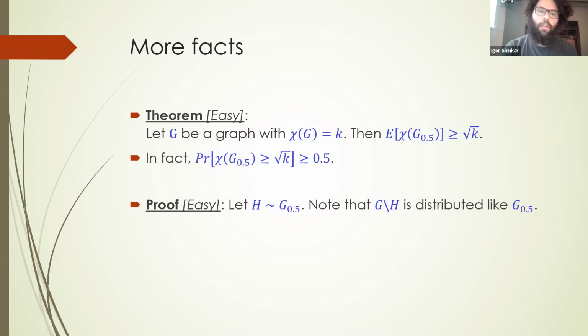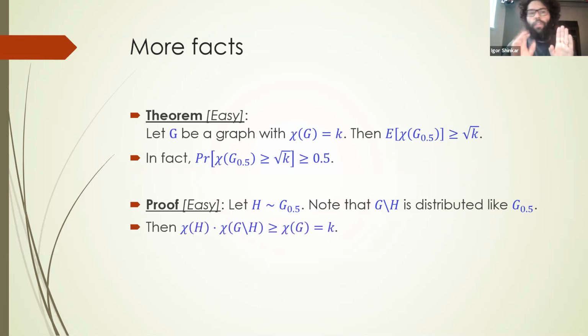Why is that? Observe that if we take H to be a random subgraph of G and we look at the complement of H in G, then they have the same distribution. I put each edge either in one or the other with probability 1/2, so they have the same distribution. On the other hand, H and the complement of H together cover all the edges.